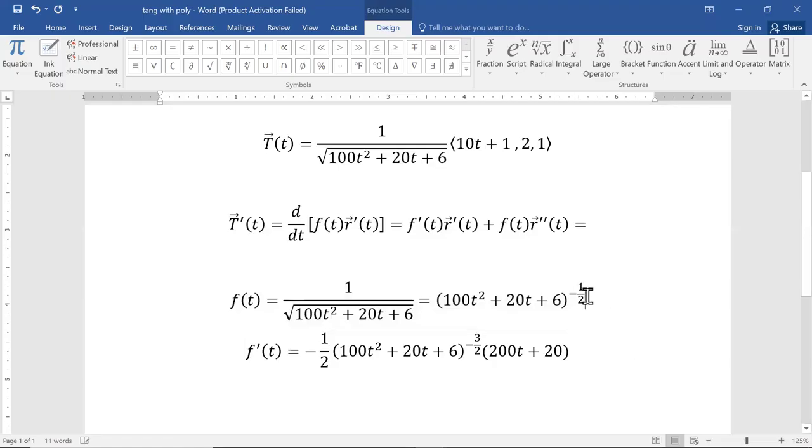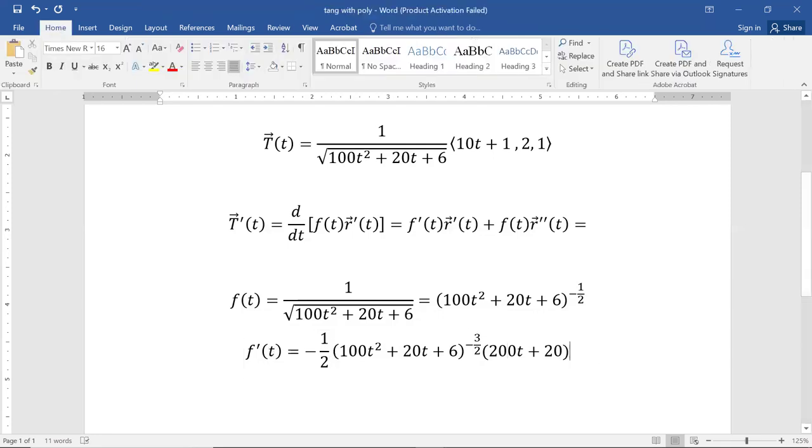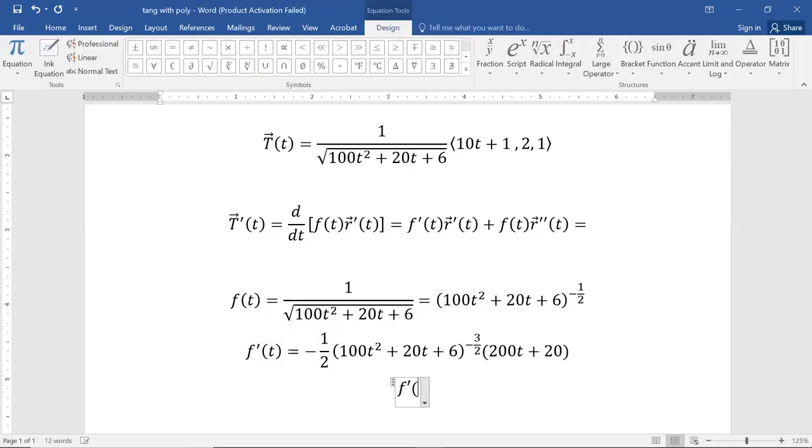So the normal function is this one. The derivative of that function is this one. And I'm going to simplify that derivative just so we can see it a little bit better.